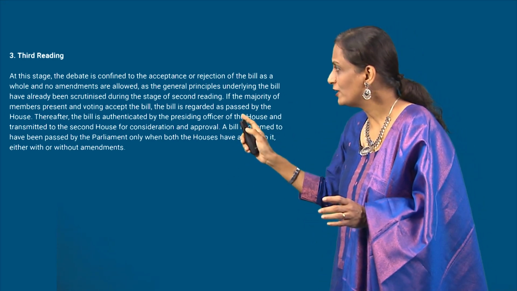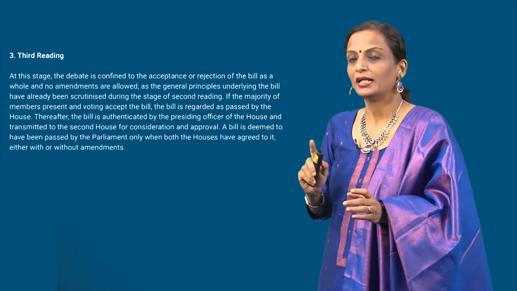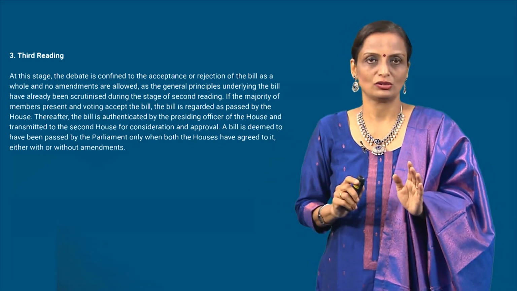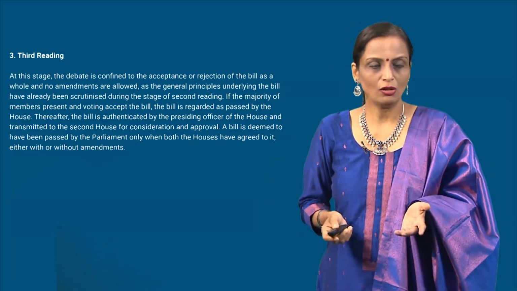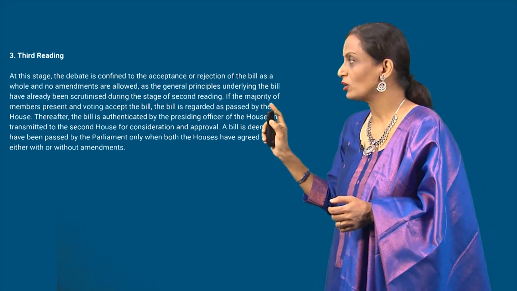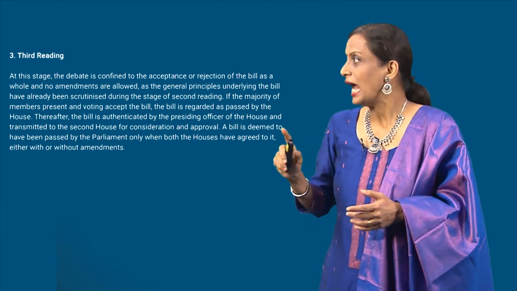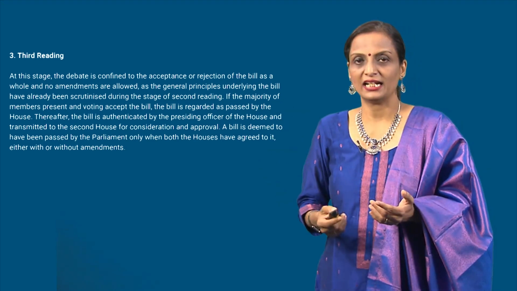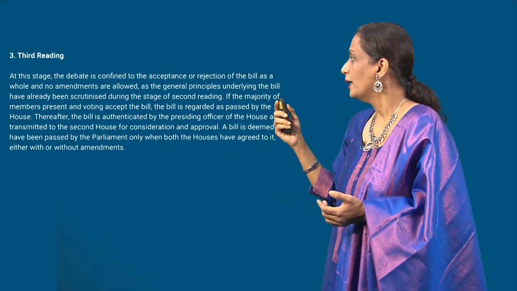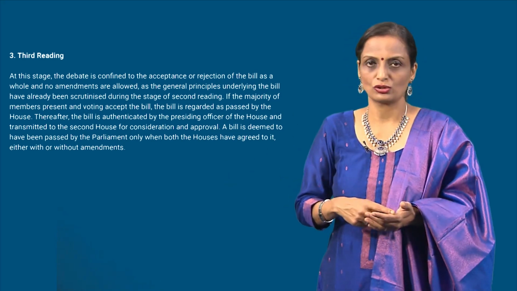If a majority of the members present and voting accept the bill, it will be regarded as passed by the House, whichever House. Thereafter, the bill is authenticated by the presiding officer of the House, and transmitted to the second House of the Parliament.